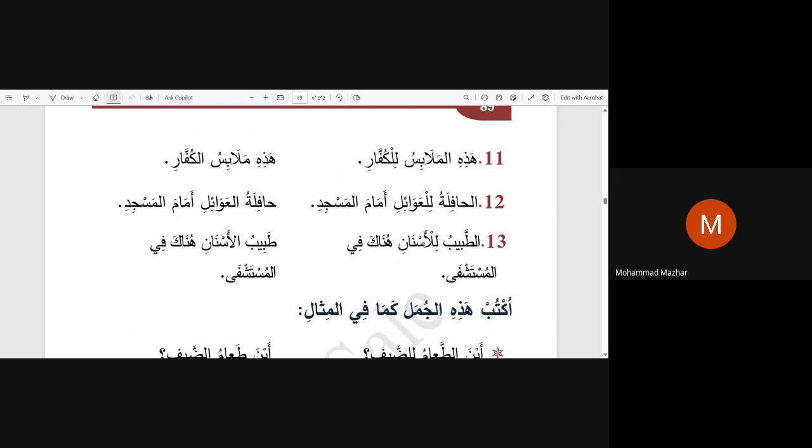Now, the mudaf cannot have an alif lam. The mudaf at the beginning cannot have an alif lam. The mudaf ilay can either be with an alif lam or without.